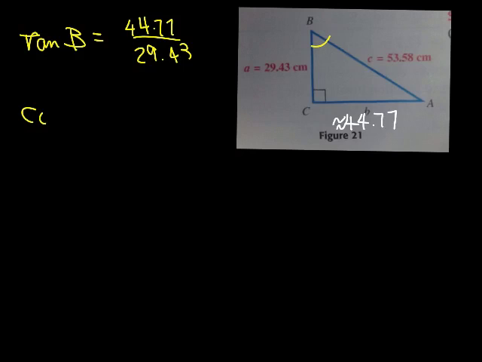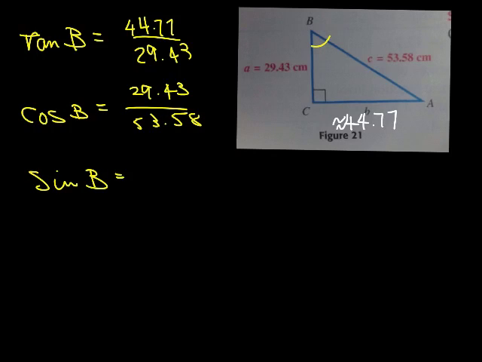We could also take the cosine of b and get the adjacent, 29.43 over the hypotenuse. Or we could take the sine of b, and that would be the opposite over the hypotenuse. We could also take the cosecant, secant, and cotangent as well.